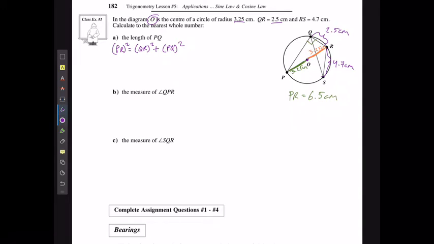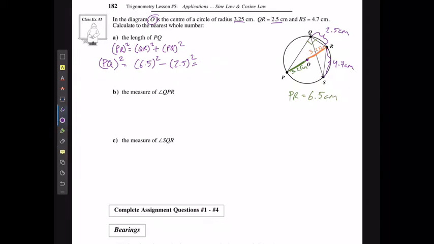This means that PQ squared is going to equal PR, or 6.5 squared, minus, when you move the QR to the other side, 2.5 squared, which would give me... Oh, sorry.